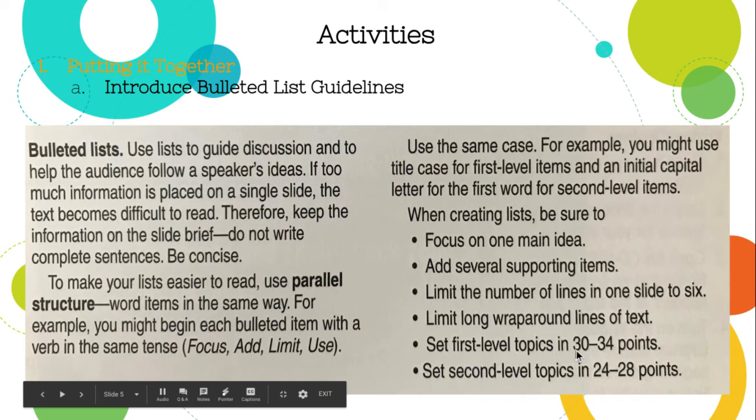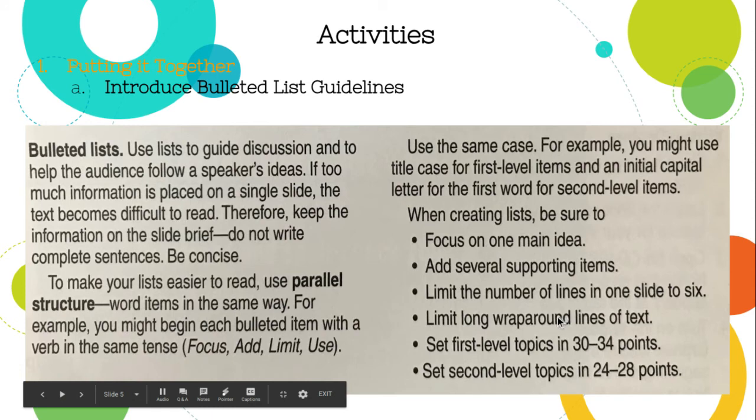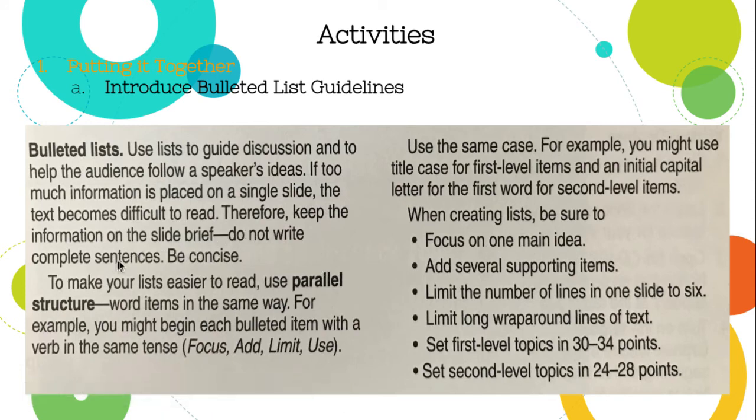First level topics should be about 30 to 34 points, and second level 24 to 28. Again, you don't have to really remember these numbers, but make sure your first level topics are a little bit larger than your second level topics. Okay. Now, do make sure on your list that you're keeping your information brief. Do not write incomplete sentences, and make sure that you're being concise.